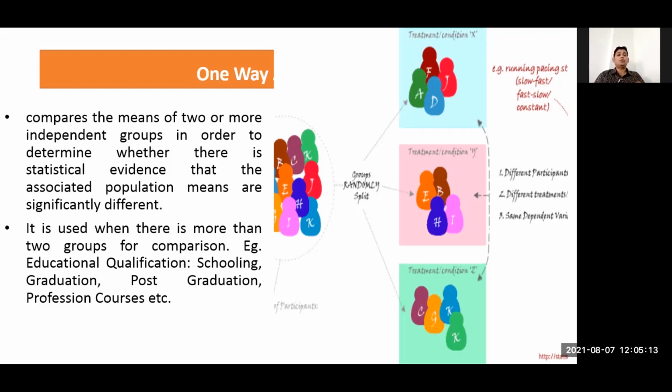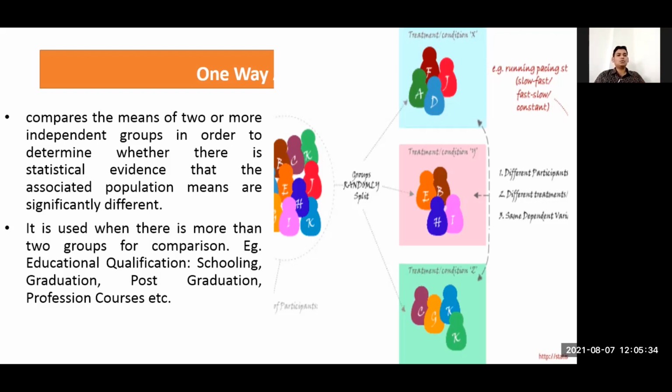Again, they are not saying two population means. If there are two population means, we go for the independent sample t-test, but they are asking about associated population means. It means there are more than two population means, and that is why we need to shift from the independent sample t-test to one-way ANOVA.